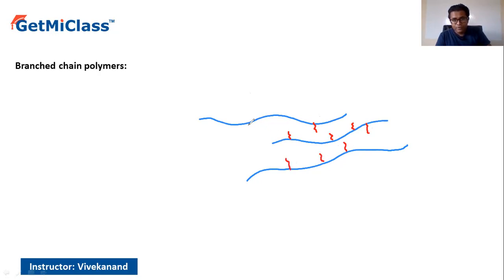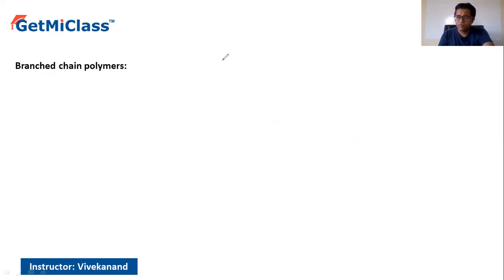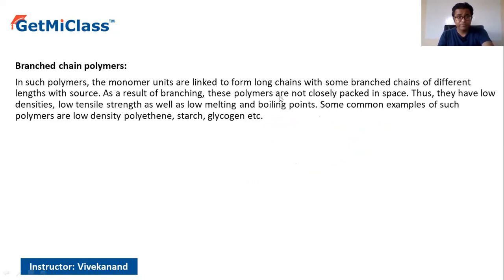Due to the presence of smaller branches, we call them branched chain polymers. So branched chain polymers are nothing more than a linear type of polymer, but with a small amount of branches. Here the monomer units are linked to each other by long chains, of course, by covalent bonds.